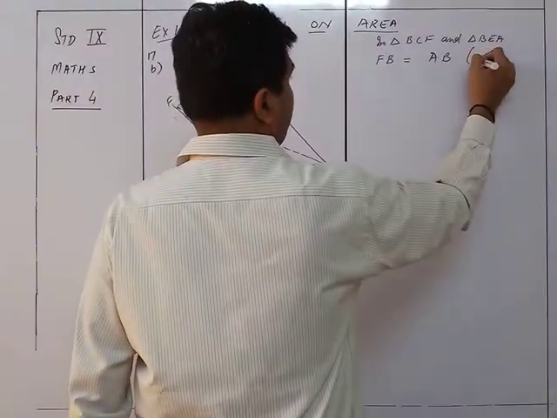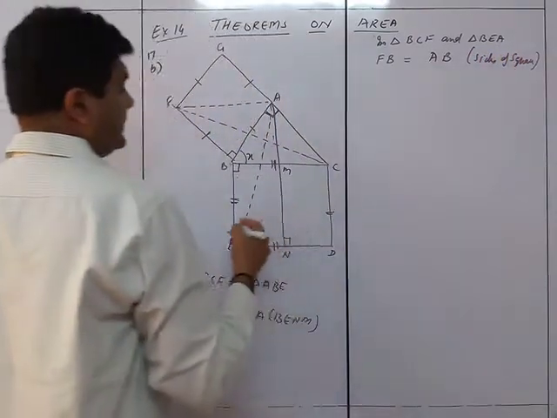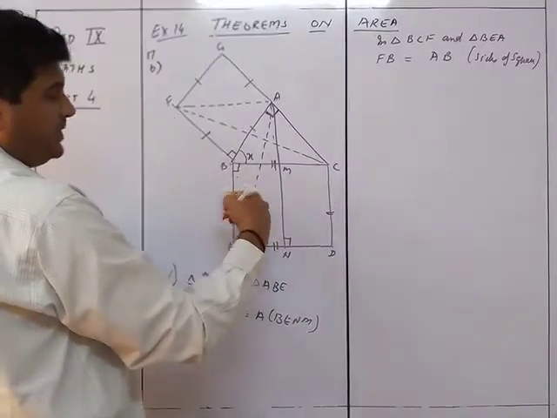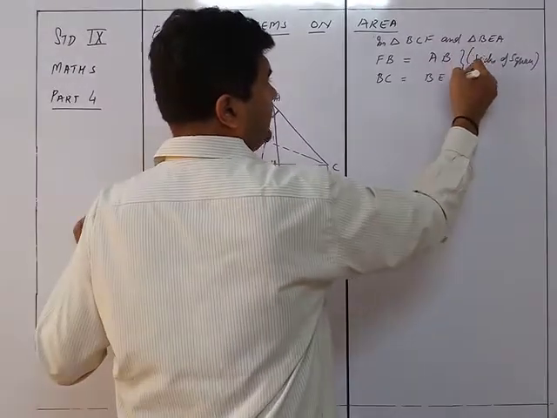Sides of square. The next we have got is BC is equal to BE. Again the same reason, sides of square.